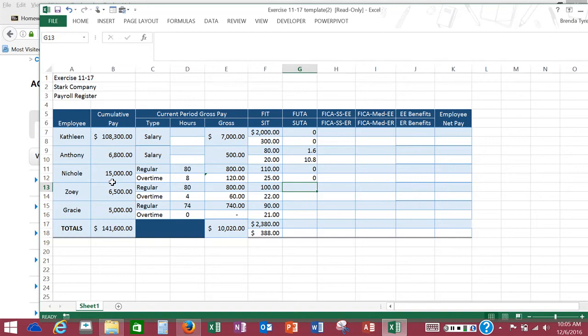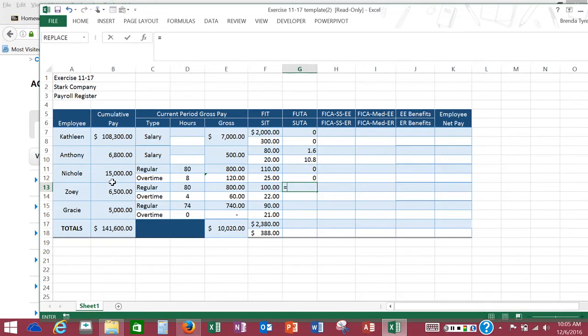Zoe has cumulative wages of $6,500, and if we look at her regular and overtime for this pay period, she has $860 in wages. So 7,000 minus 6,500, she's $500 away from the cap, and her current gross pay is $860. We're going to limit the FUTA to the smaller of those two, which would be the $500.